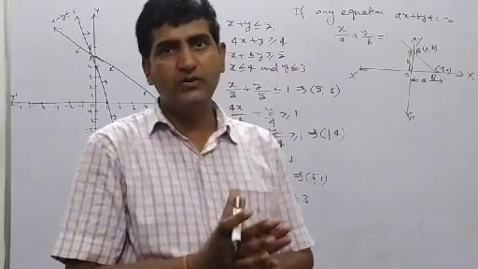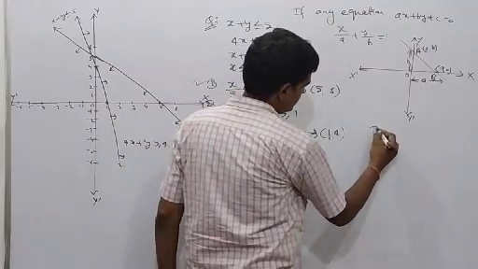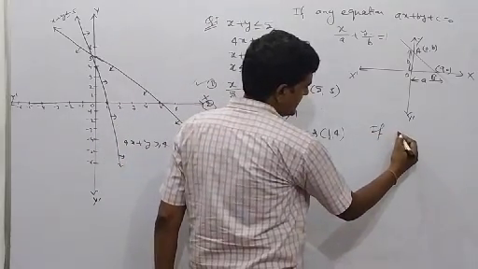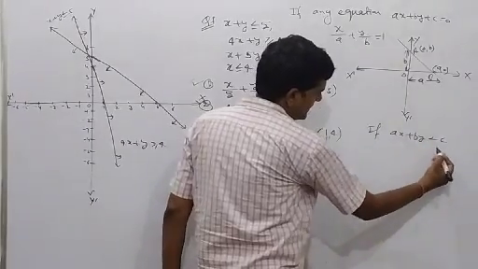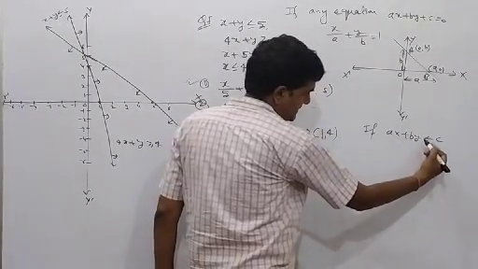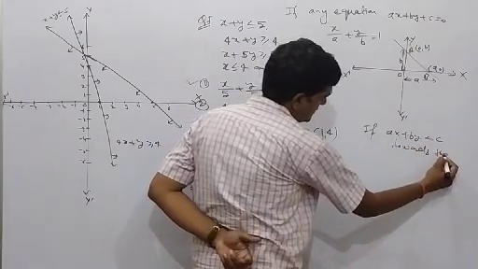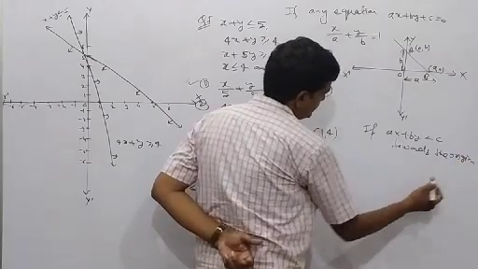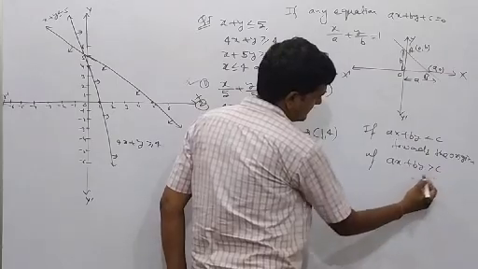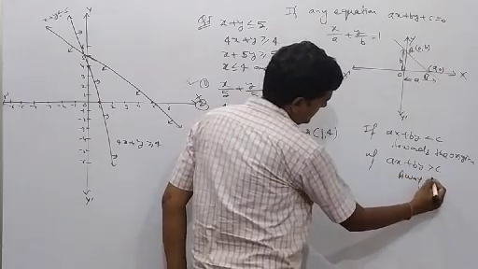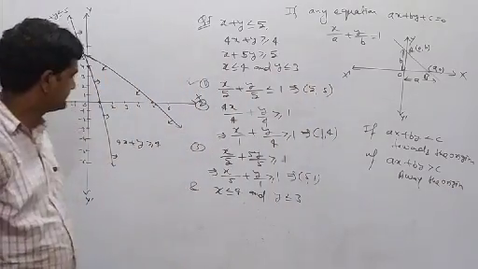And if ax plus by is less than c, then the arrow is towards the origin. Clear? Very, very simple.